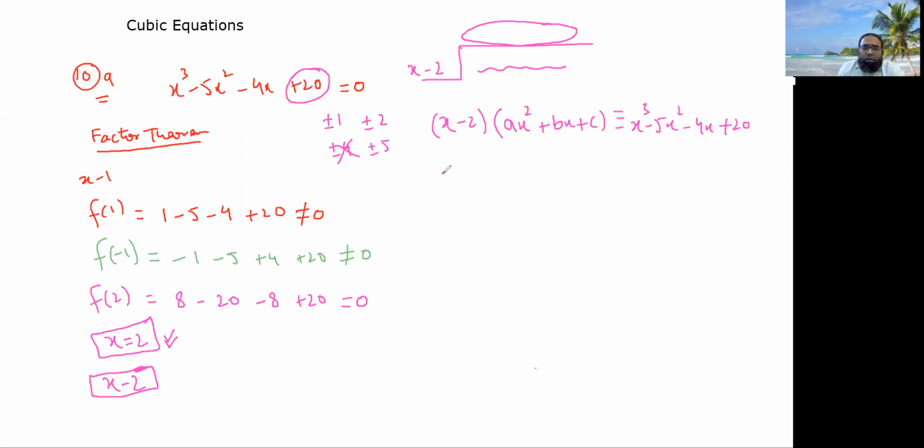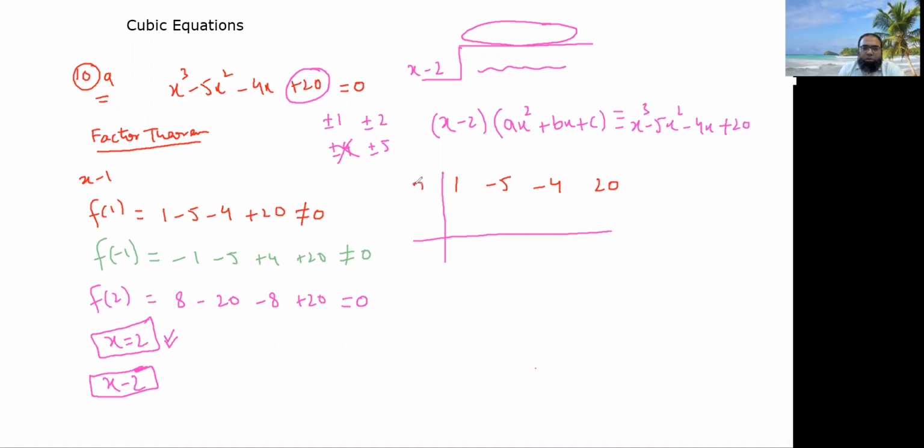But I will be going for the third method, that is synthetic division. I'll write the coefficients of this cubic expression: 1, -5, -4, and 20. If you feel there is something you're not understanding, please ask.